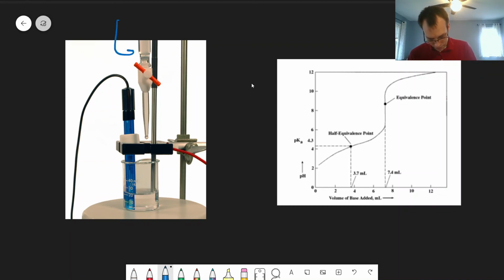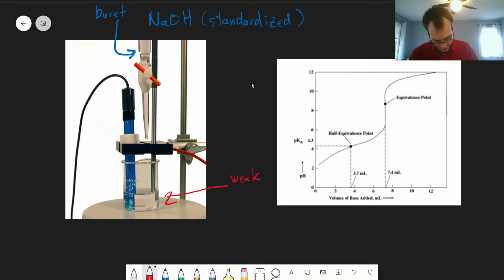At the top here is our burette, and this is where our sodium hydroxide is, which has been standardized, so we know the concentration of it. And then down here is where the weak acid is. And this blue thing over here on the side, we'll use green, is our pH electrode.